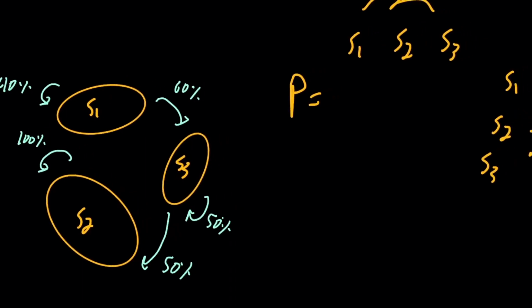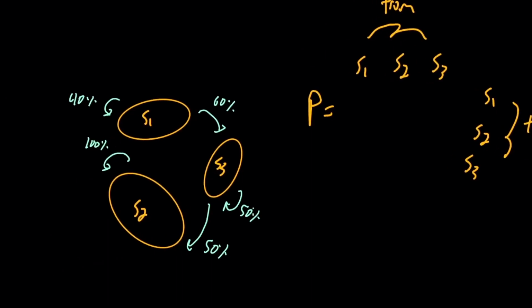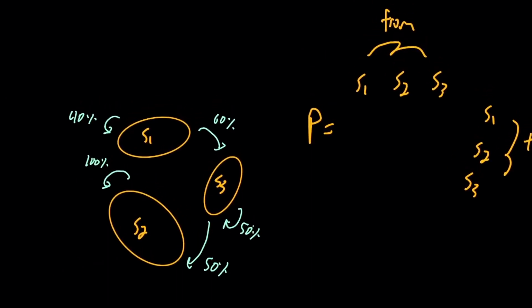Now we can begin writing the matrix. From S1 to S1, we have 40%, which can be converted to 0.4. From S1 to S2, we have 0%. Visually you can see that. From S1 to S3, we have 60%, which is 0.6.